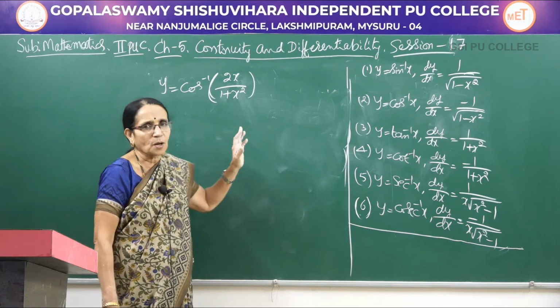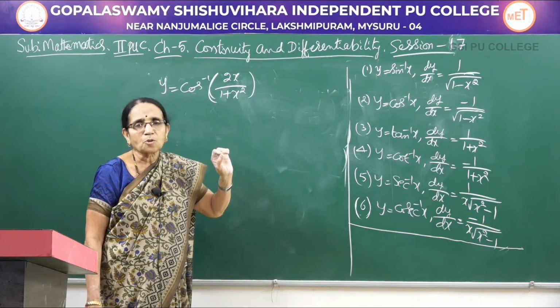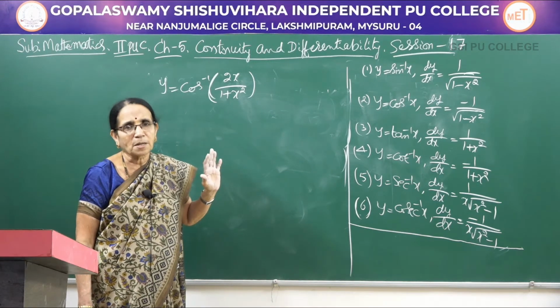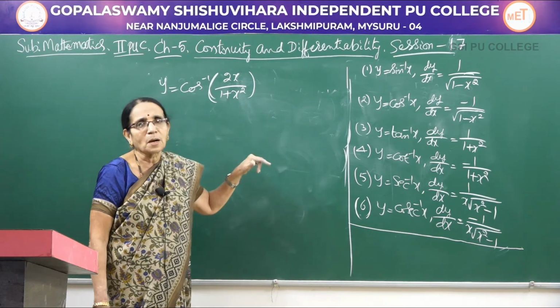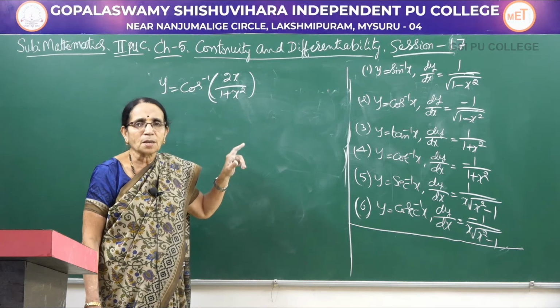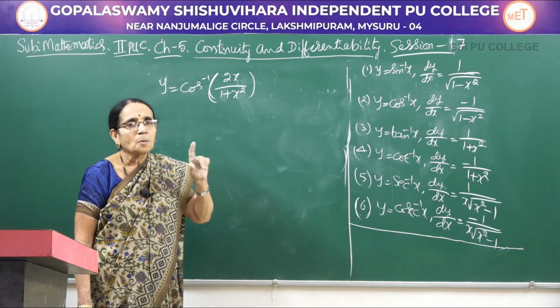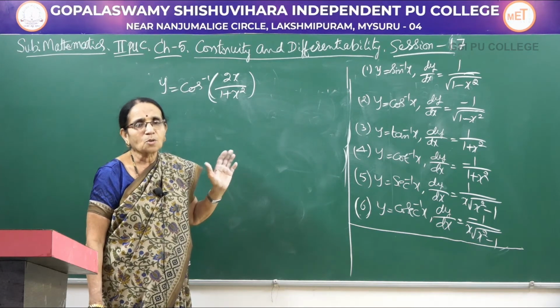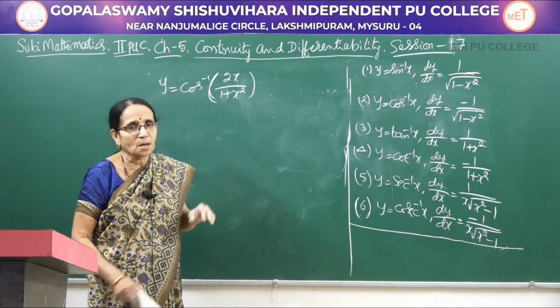And 1 minus x square, wherever you are having, take x to be sin theta preferably or cos theta. Sin theta would be better. If you had x square minus 1, take x equal to secant theta or cosecant theta, preferably secant theta. So that is a hint so that you can solve the problem in an easier way.